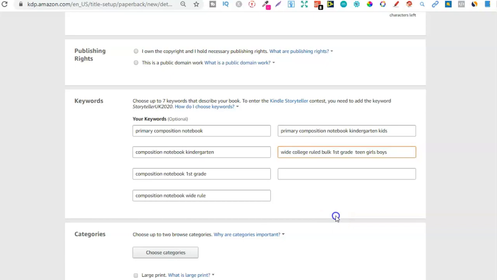Now, with me personally, when I was just doing search terms or just the single words, I don't really see much of a difference in my sales on those individual books. So, because of that, I thought, oh, I'll try as well the combination of both. So this is what I've been doing for the last couple of months. Combination of both. I'd have my long tail keywords just here, then my single keywords over on this side.